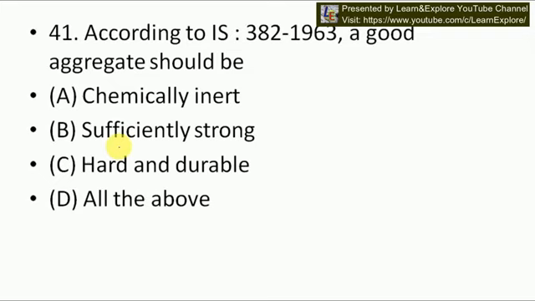According to IS 382 1963, a good aggregate should be chemically inert, sufficiently strong, hard and durable, or all of the above. So our answer will be C, hard and durable. Okay, so according to IS 382 1963, a good aggregate should be hard and durable.